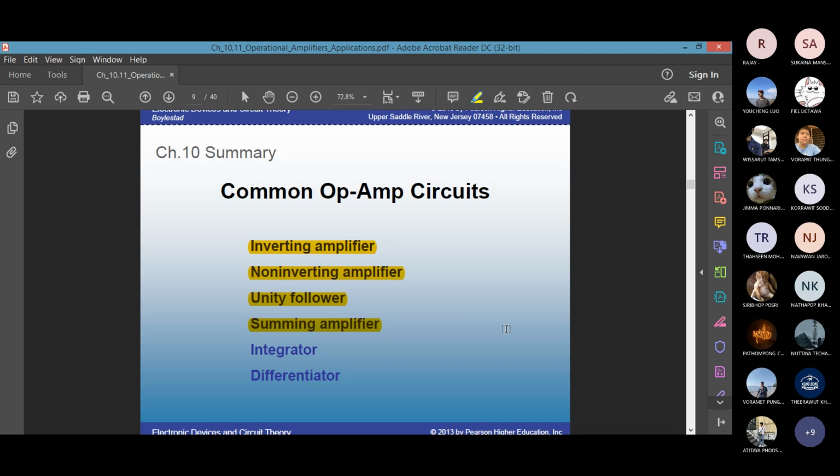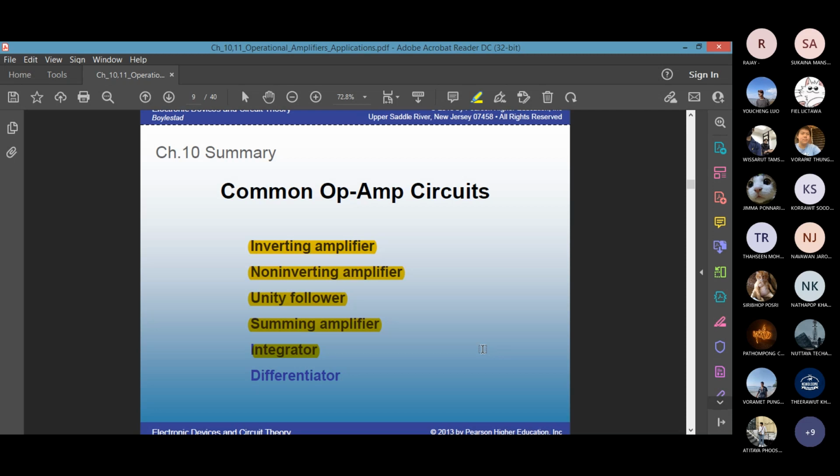By using resistors and capacitors as input or feedback elements, you can also create an op-amp circuit which acts like an integrator. The input is a function of something, maybe a time-varying voltage function.